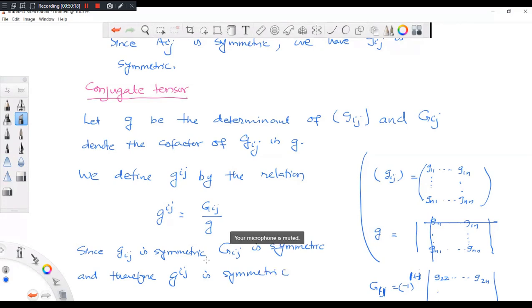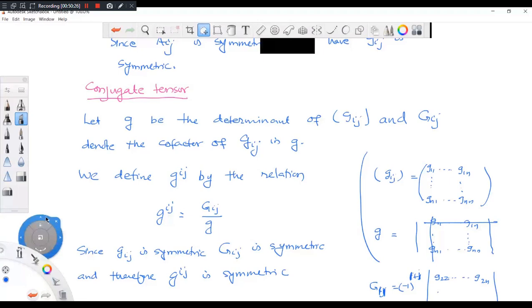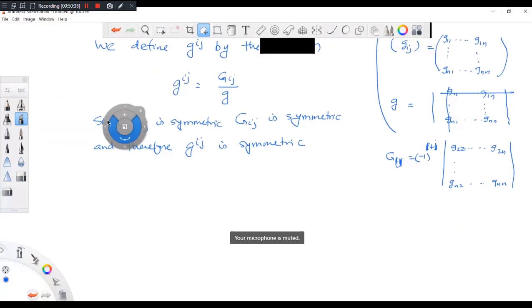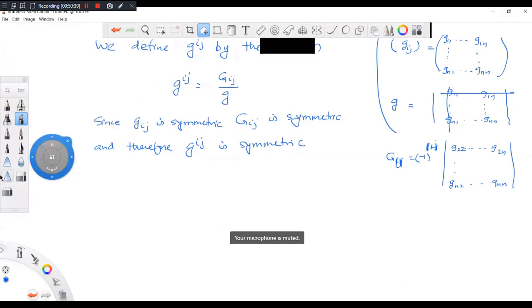Okay, if g lower ij is symmetric, then upper ij also will be, because this is merely a number and a denominator. So that is merely a number. Okay, 5 minutes. Okay, so this way I am defining the upper ij's. So g upper ij is also symmetric.